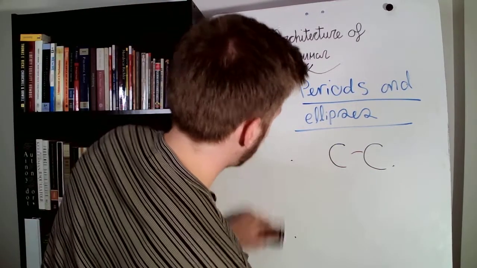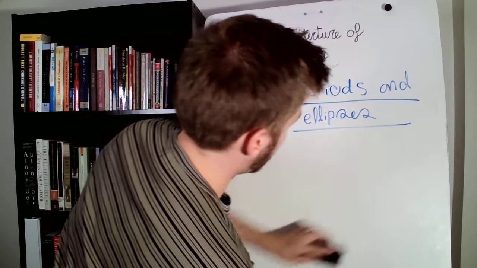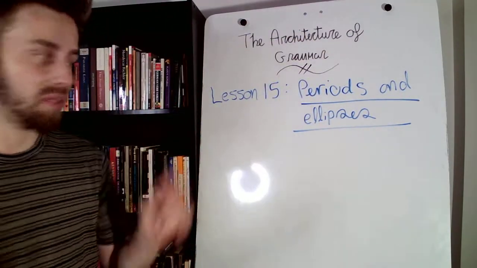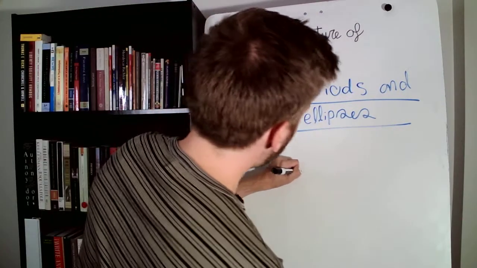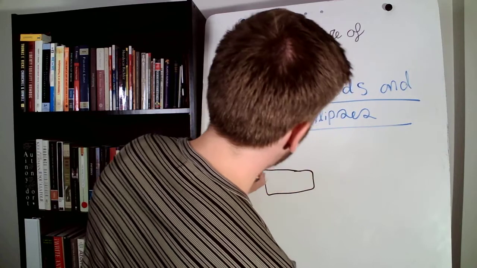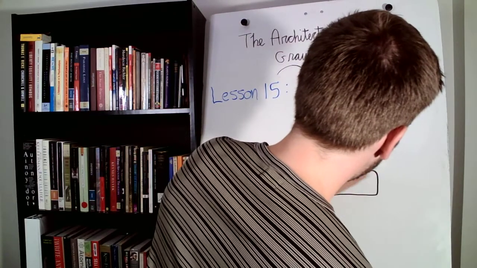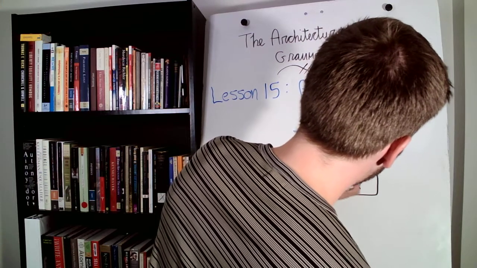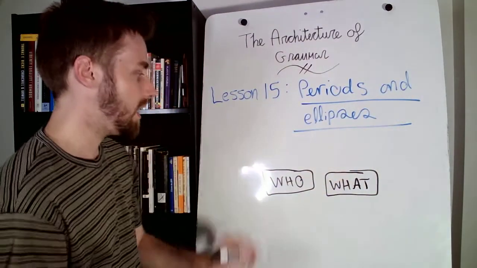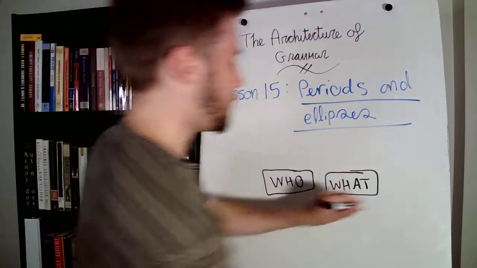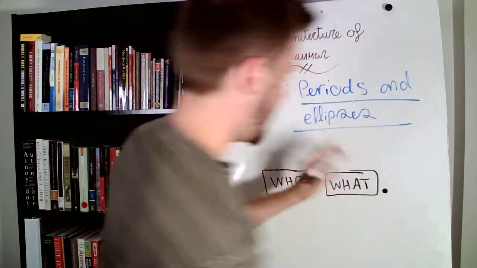And so, as we've mentioned in the past 15 videos, we have two main components that we need in a sentence. We need the who and we need the what. And if that's all we have in a sentence, then we put the period here at the end.